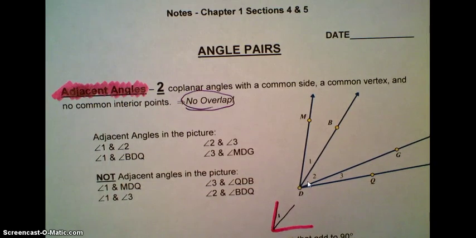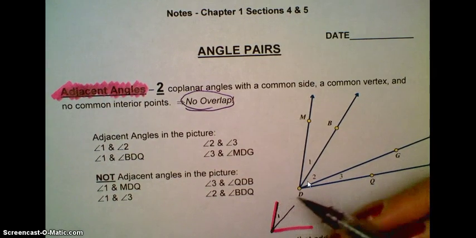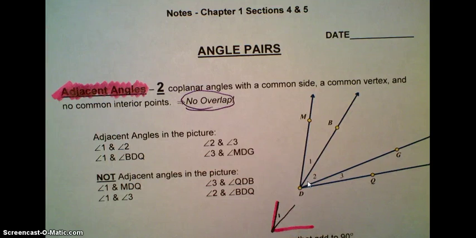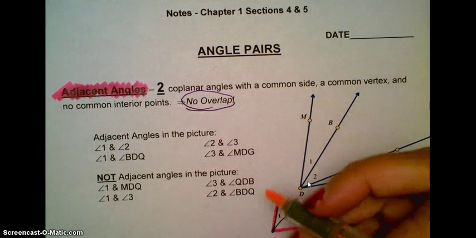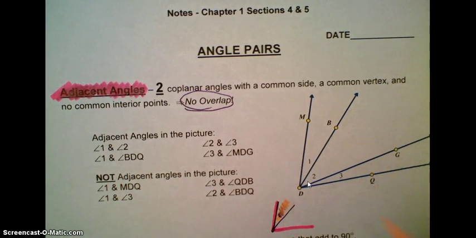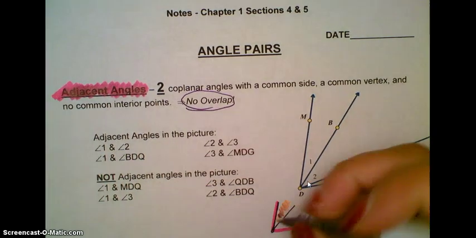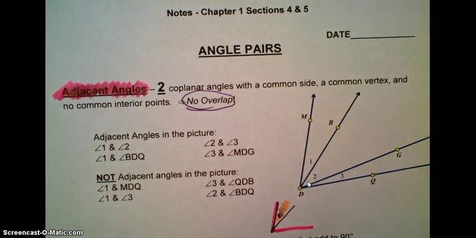Angle MDQ would not only be sharing a vertex and a side with angle 1, but unfortunately, using my other highlighter, they also share everything inside of angle 1. Therefore, they are overlapping, and those would be not adjacent angles.